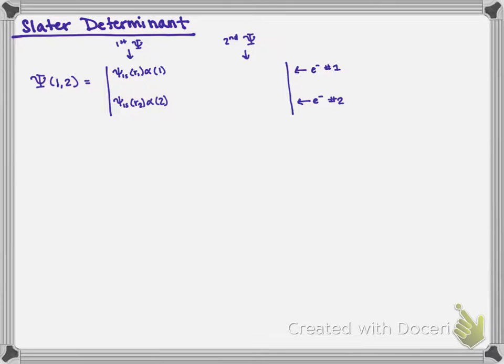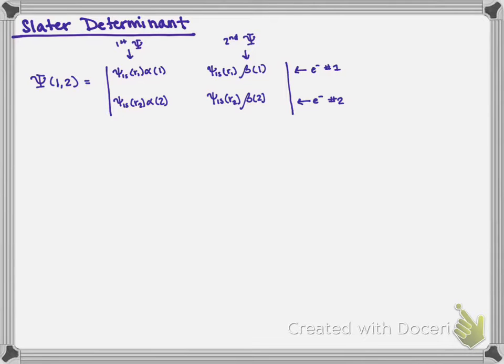Remember, the second row represents electron 2, but it's still this first possibility of a 1s orbital that is spin up. Another possibility is for an electron to be in the 1s orbital spatially but spin down, so we multiply instead by beta, the function that represents spin down. Just like we could put electron 1 or electron 2 spin up, we could also put either electron spin down, so we'll put that other combination down here.